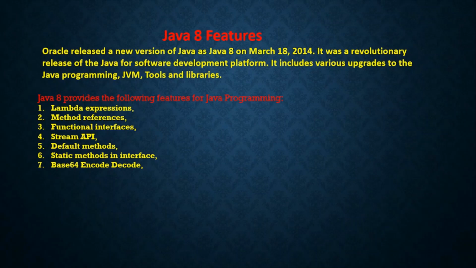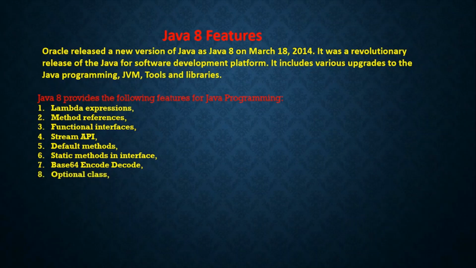I have listed out the features that are part of Java 8, but going forward we will learn each and every one in detail, and I will deep dive into each feature with examples. Just do an overlook.